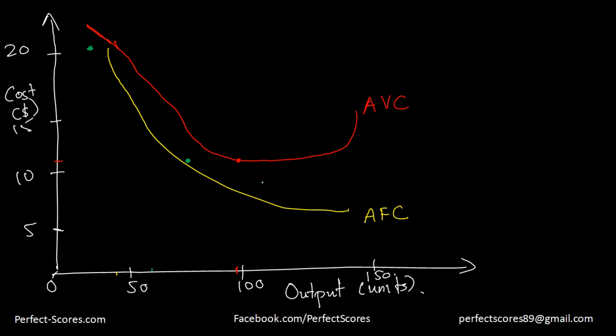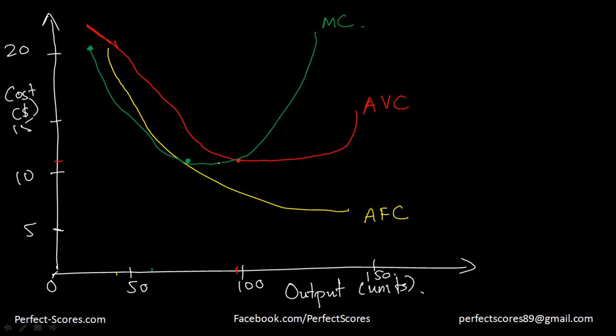So it will meet the average variable cost at this point right here. So this is how it goes. So this is your marginal costs, right? And marginal cost is something which actually cuts your average variable cost from its lowest point, right? So I suppose you're understanding this point over here.